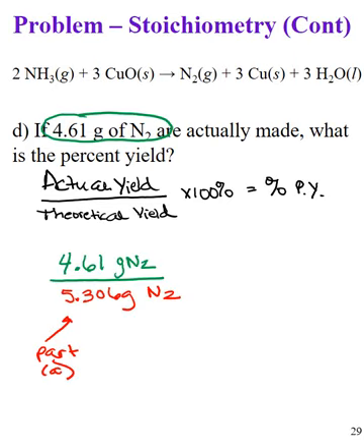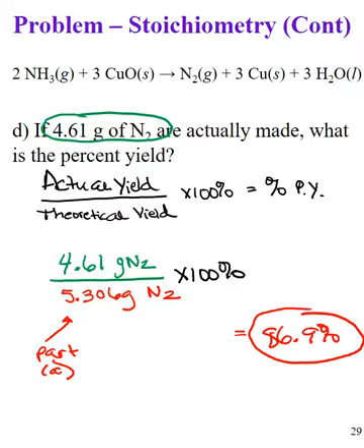This is coming from part A. Then we have to multiply it by 100%. Okay, and if we do, we would find that it would be about 86.9%. So they did a pretty nice job. About 87 roughly percent is what they got, and that's a fairly good number.